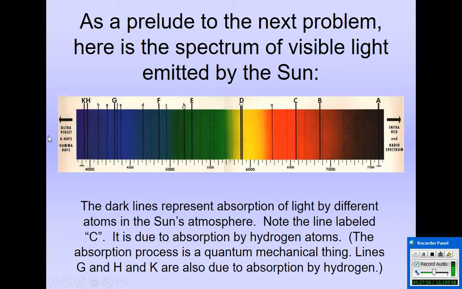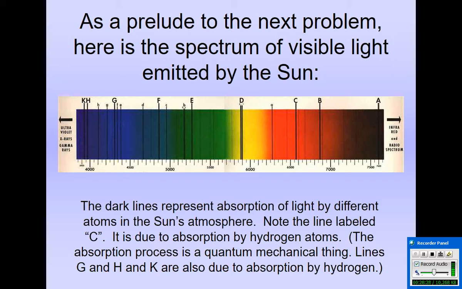Before we take a look at a problem, let's look at a property of light emitted by a typical star like the sun. Now, we've talked about the sun emitting a full spread of colors, the entire spectrum of the rainbow, plus the non-visible portions of light. But when you look carefully, you'll actually see that there are almost like gaps in the emission spectrum of the sun.